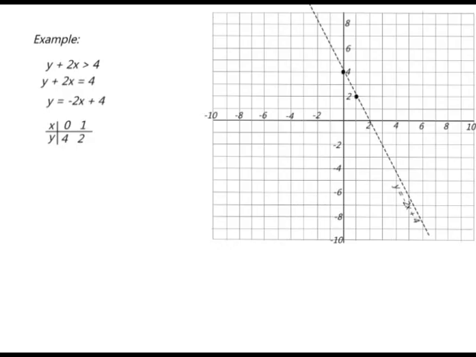Now another thing is that the inequality sign represents a region below or above the line that satisfies the inequality. The side that does not satisfy the inequality is shaded off. To get the right region, we choose a test point. We substitute the point into the inequality, and if they reflect the truth, then that point is in the required region.